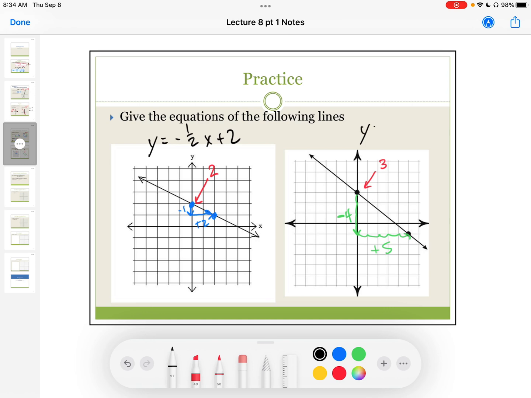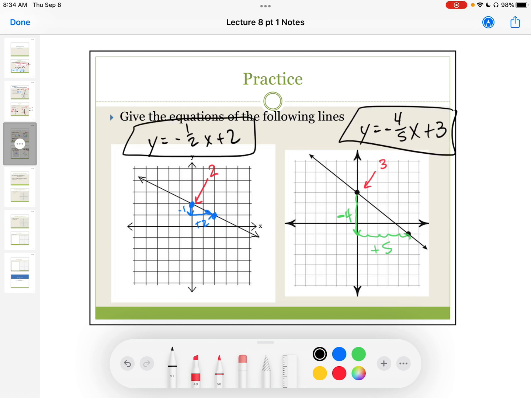Okay, so again, y equals negative 4 over positive 5 because it's rise over run. Okay, negative 4, whoops, don't want to put that negative there, my bad. We're going to go negative 4/5 x plus 3. And that is the equation of your line. Next video, we're going to talk about putting these into the y equals mx plus b form.